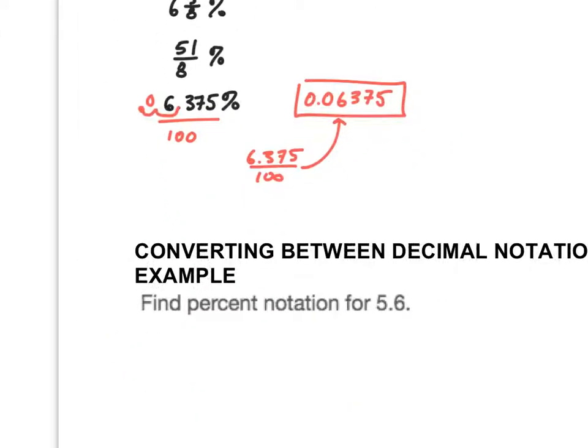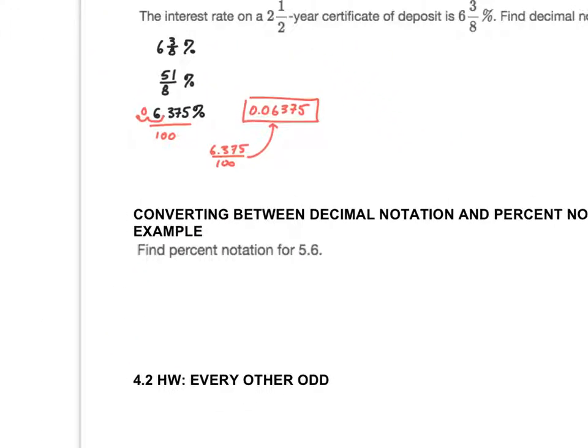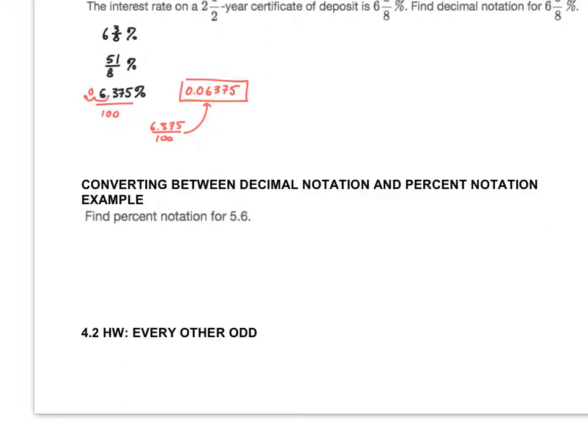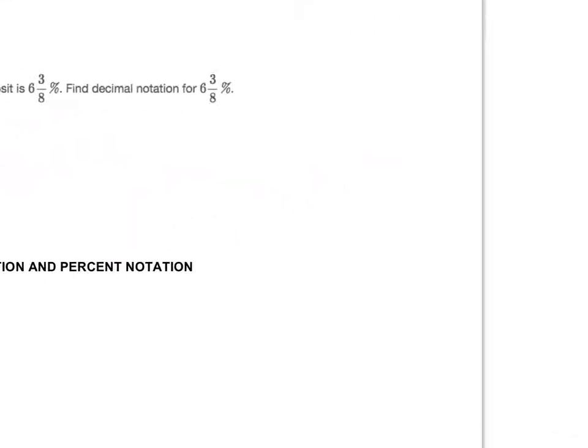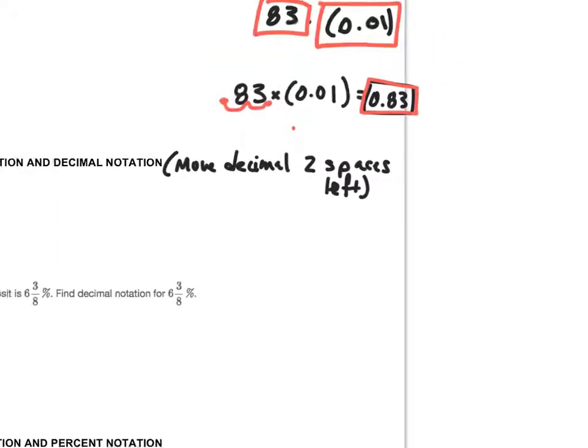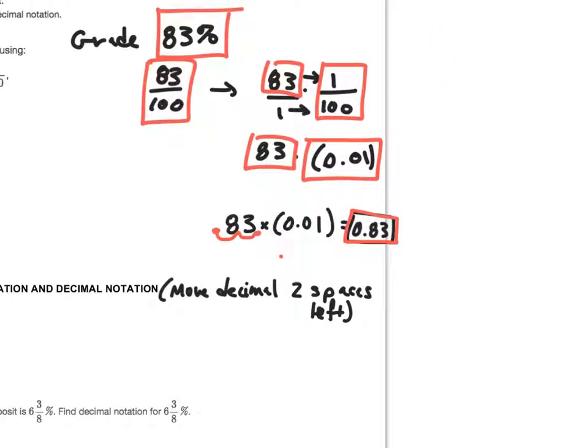All right, so now let's talk about the other way. Let's talk about going between decimal notation and percent notation. So we're going the opposite way. In the other one, you take your percentage and divide by 100 to get your decimal, or you can multiply it by 0.01.